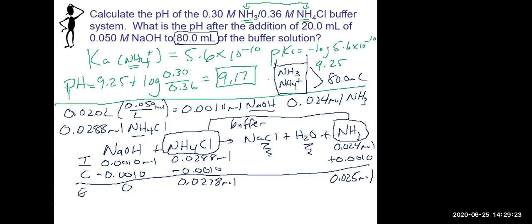So to convert them back into molarity, we need the total volume. We took 80 milliliters of the buffer. We added 20 milliliters of the base. That gives us a total volume at this point in the beaker of 100 milliliters, which means we want to take each of these moles and divide it by 0.1 liters.